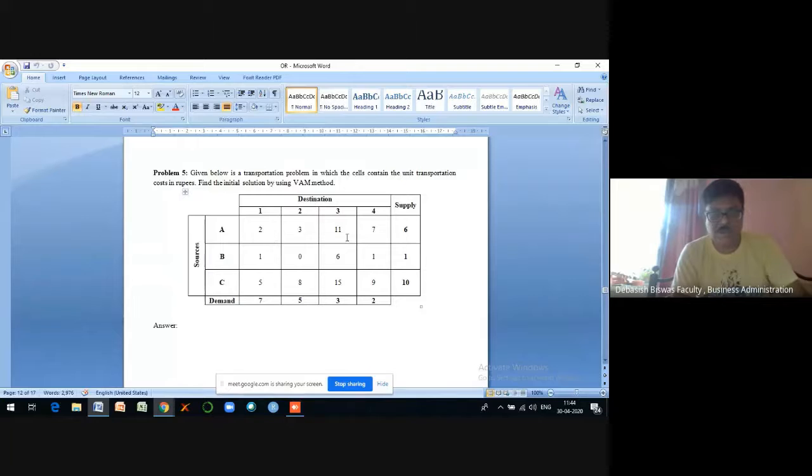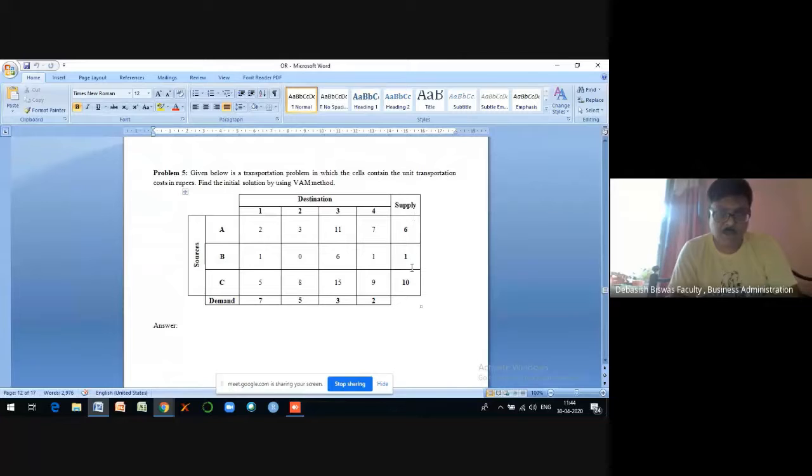In each row there are 4 elements. This is the first row, second row, and third row. And here is the supply, and here is the demand: 7, 5, 3, 2, and here is the supply: 6, 1, 10. So the problem is a balanced problem. What is a balanced problem?